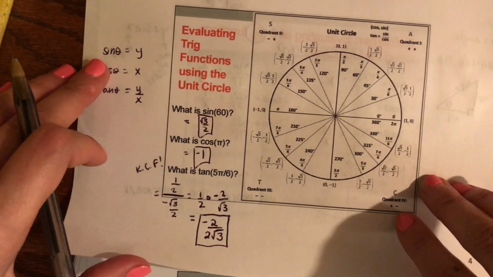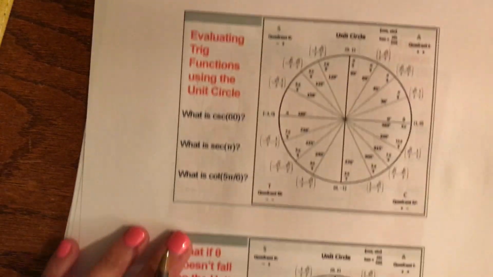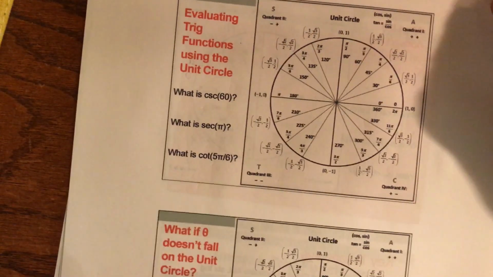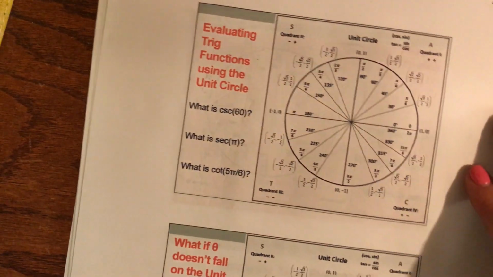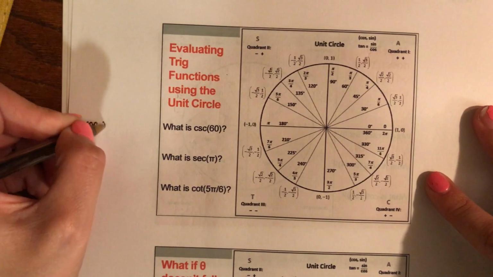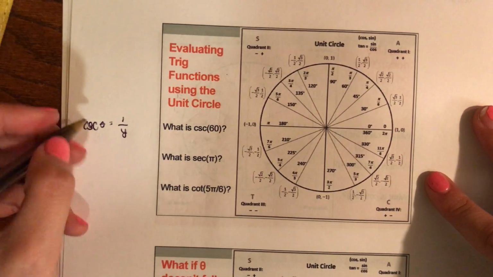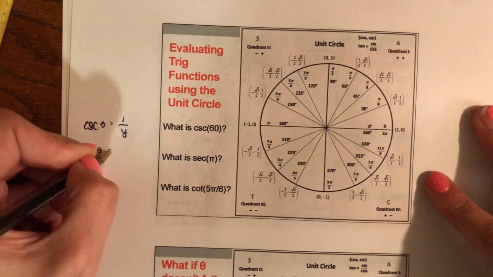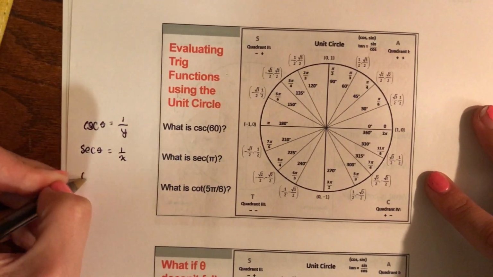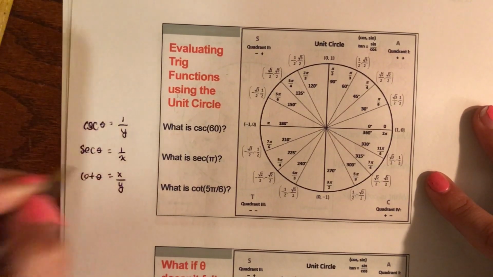So that's when we are just doing our basic trig functions, right? So let's take a look at when we've got our reciprocal trig functions. Again, it might be helpful to have the formulas down. We know that cosecant of theta is paired with sine, so it's really just 1 over y. Secant theta is 1 over x, and cotangent of theta is x divided by y, okay?